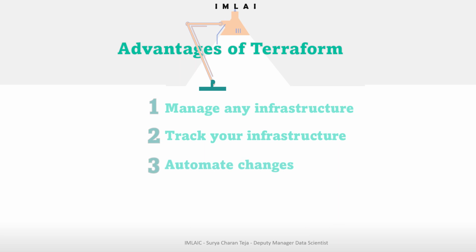And the third advantage of Terraform is automated changes. Terraform configuration files are declarative. What does declarative mean? It means that they describe the end state of your infrastructure. You do not need to write step by step instructions to create resources because Terraform handles the underlying logic.